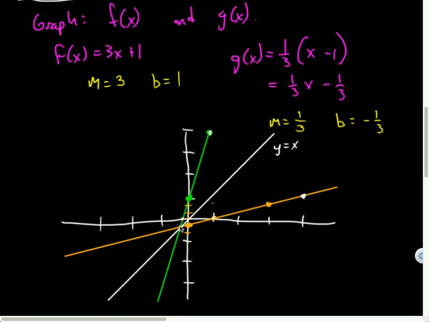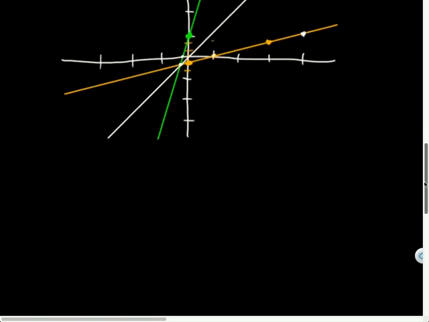And then there's even this point where you can actually see they cross all 3 lines and they work out. So inverse functions are mirrors of one another over the line y equals x. There we go. So that means I could give you a function graphically, for example, and have you graph the inverse.